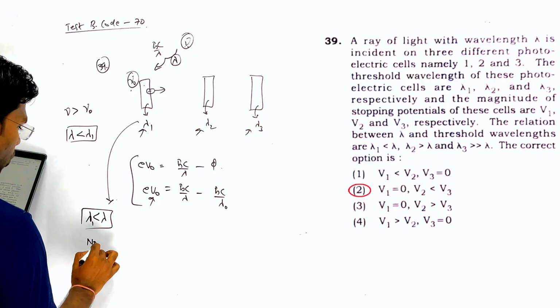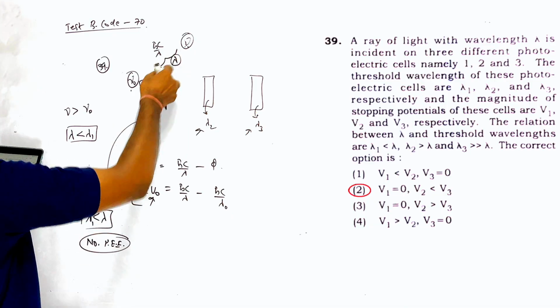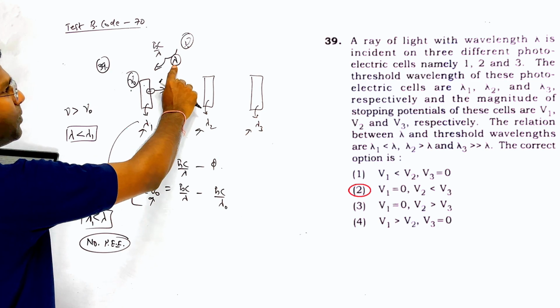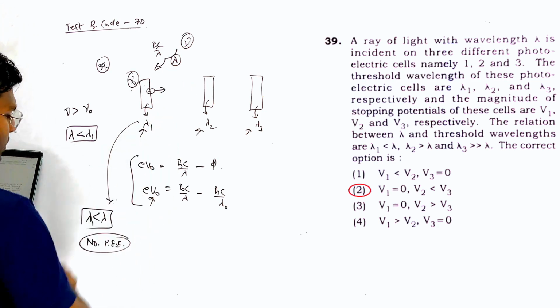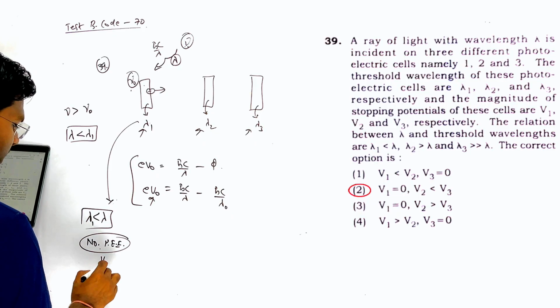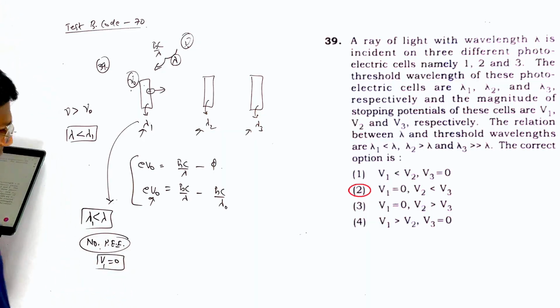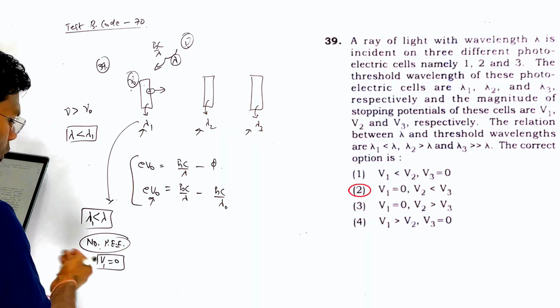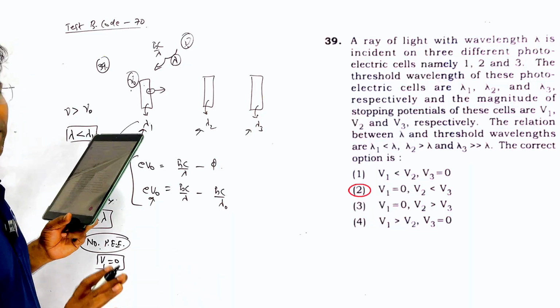So therefore no photoelectric effect will be produced, because to produce the photoelectron, this wavelength must be less than the threshold wavelength, but here lambda is greater than lambda 1. So no photoelectric effect is happening. So therefore the cutoff potential, the stopping potential, will be 0. So therefore option 2 and 3 may be the correct answer.